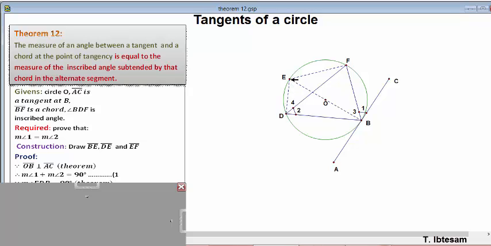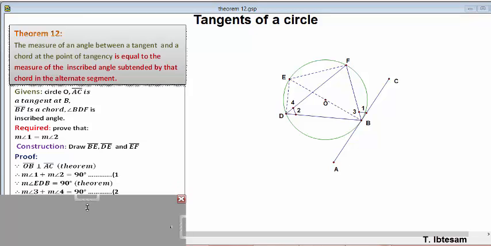Why? Because it's drawn in a semicircle. This is diameter, so it's drawn in a diameter, and we take this theorem before that if I have an inscribed angle in a semicircle, it is a right angle. So the measure of angle 2 plus the measure of angle 4 is how much? It's 90 according to theorem. So 3 plus 4 is 90.